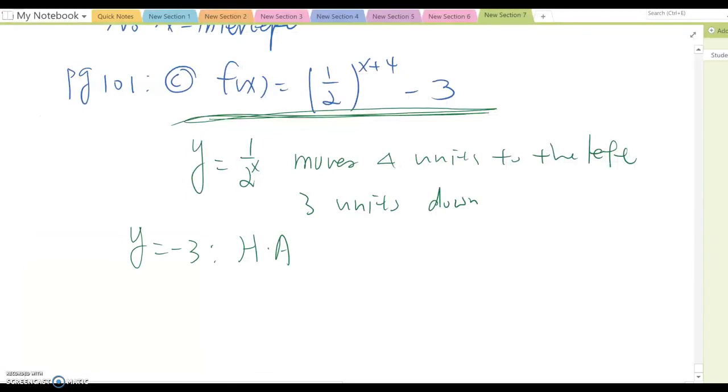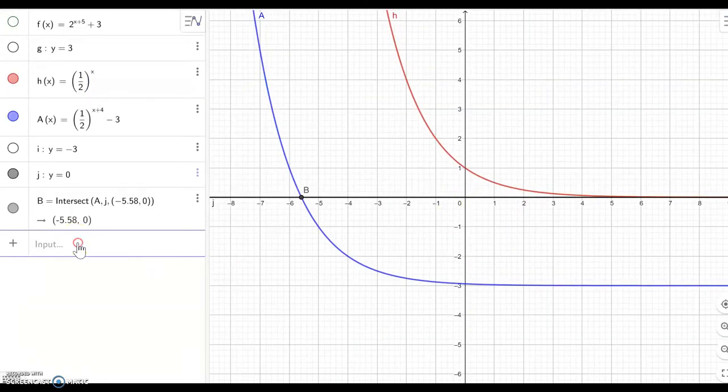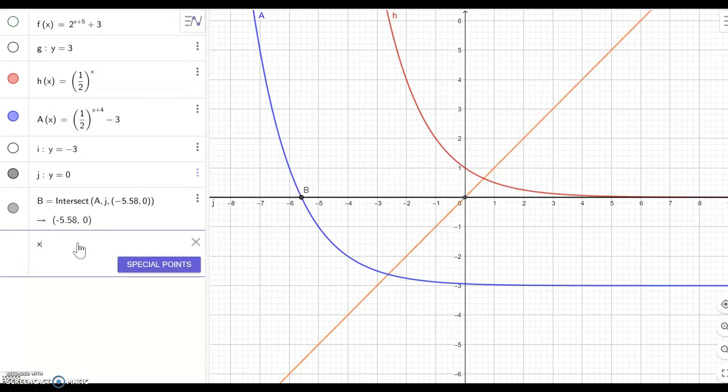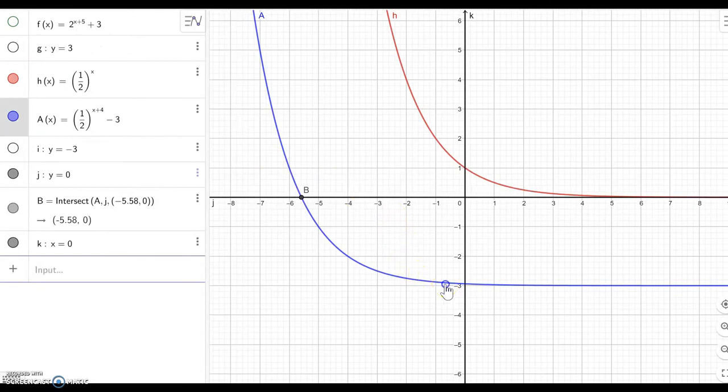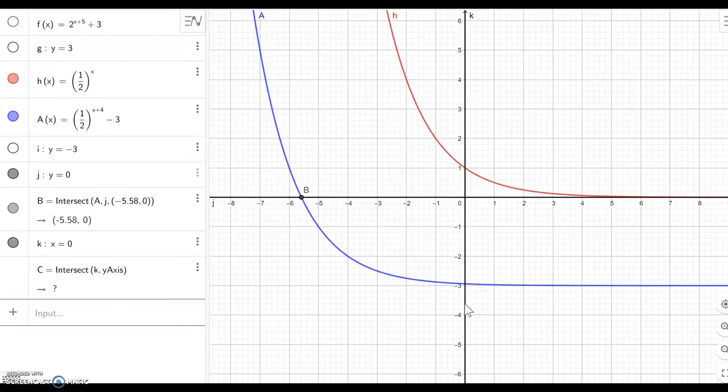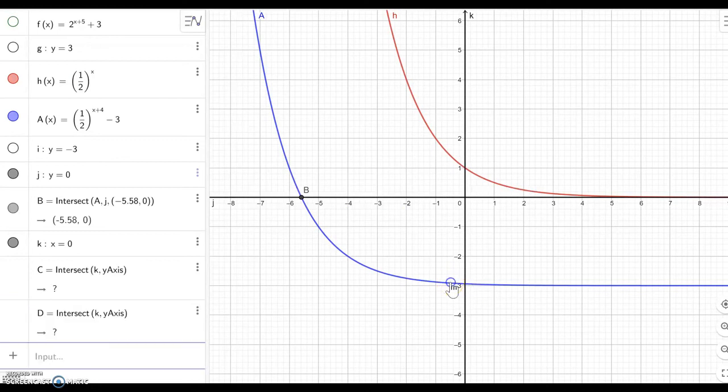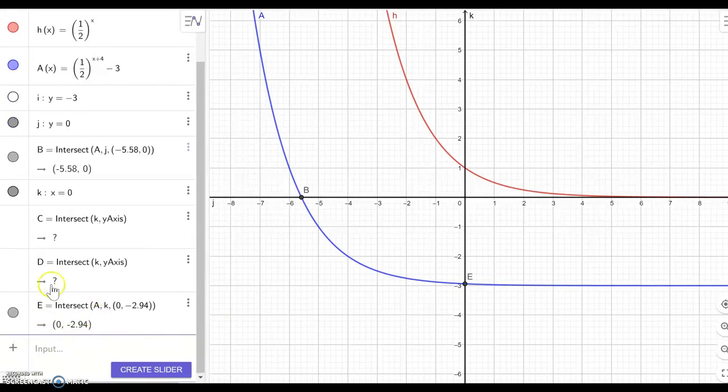So the x-intercept is (-5.58, 0). Now the y-intercept is here, so I'm going to make an x = 0 line, and then find the intersection of this line and this line. Okay, so it's not working. And this point is (0, -2.94).